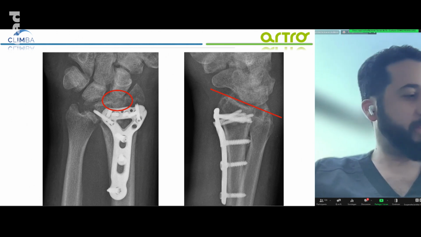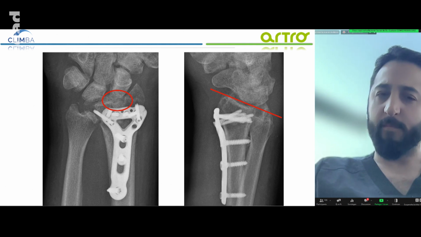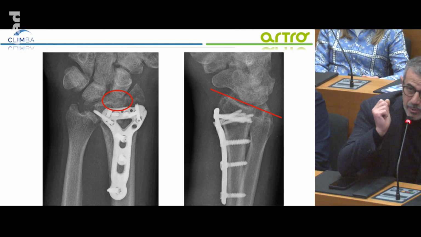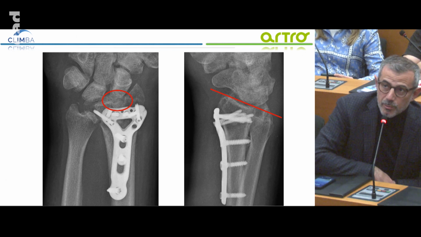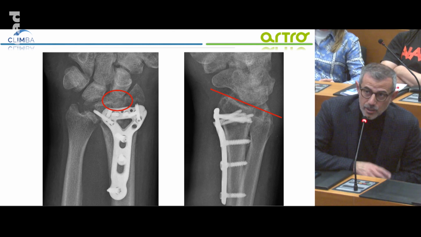May I make a comment on these X-rays? The concern is a scapholunate dissociation. You must remember that looking at these X-rays, you see a scaphoid flexion, but you also see a lunate flexion. So the appearance is basically a problem of projection, of view. The whole proximal row is in flexion. It's an adaptive posture following the malalignment of the distal radius surface.